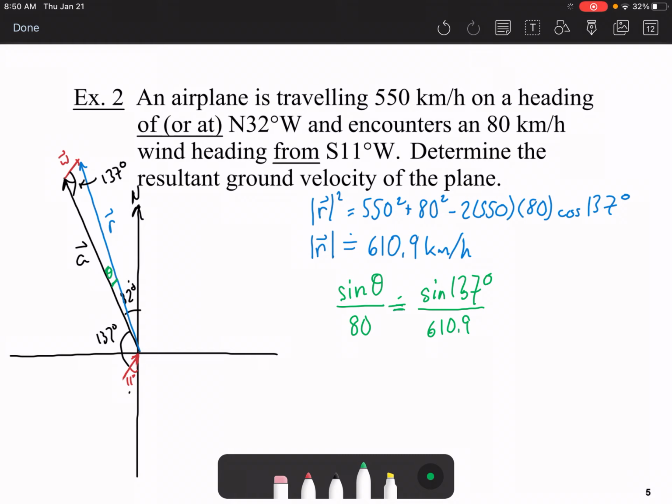So don't forget about the dot above the equal sign. Again, this is an example of a sine law, but it does not include an ambiguous case, so I'm just going to work it out. And I get approximately 5 degrees.